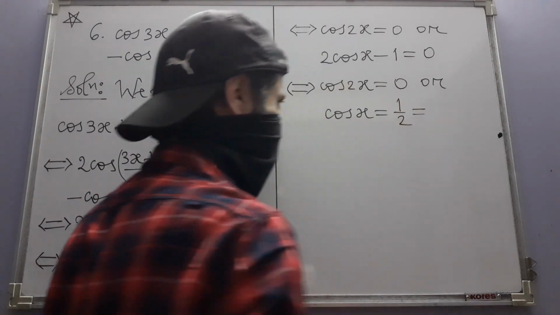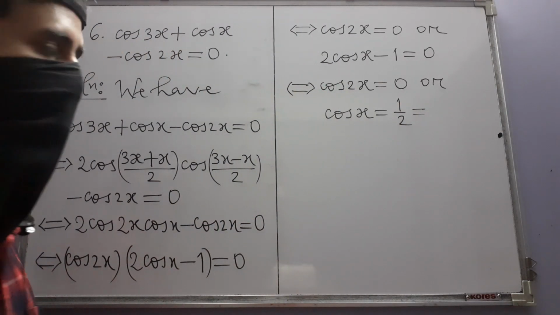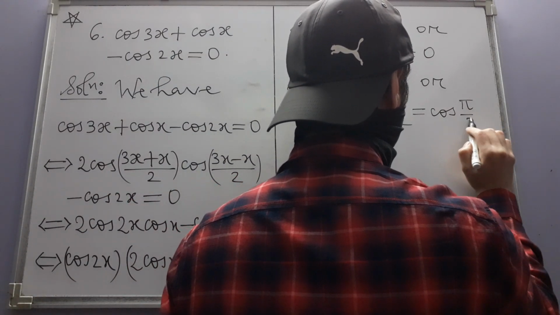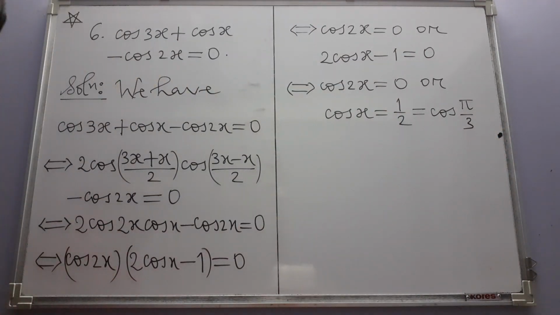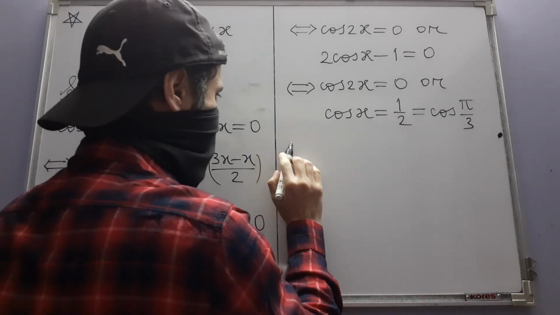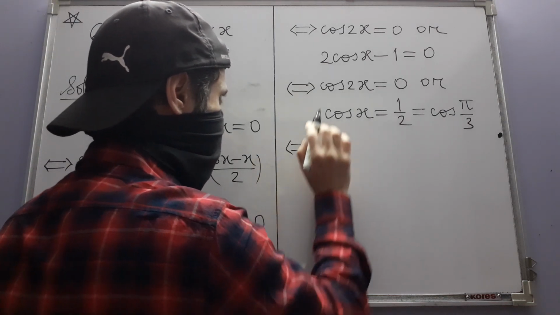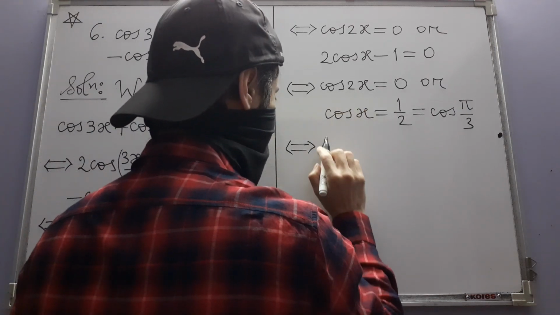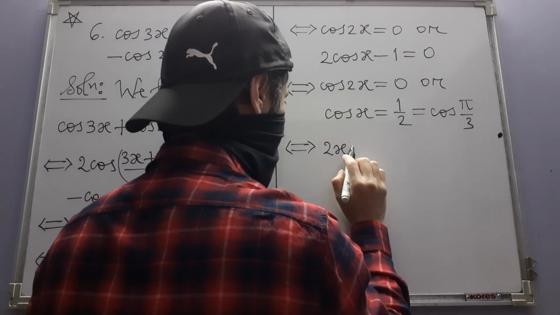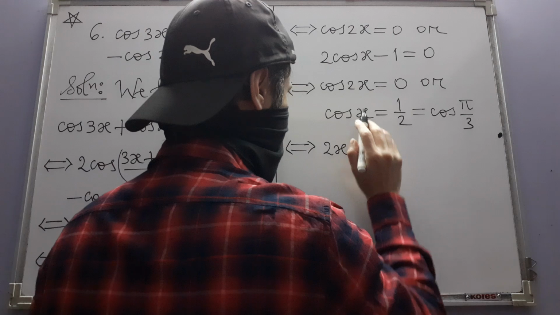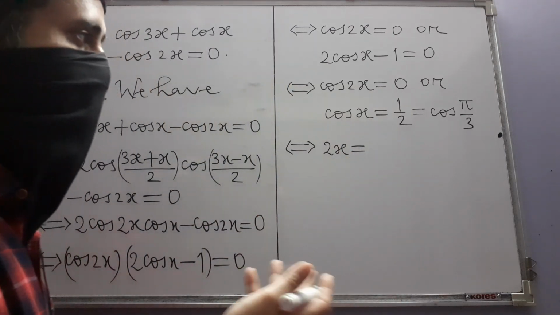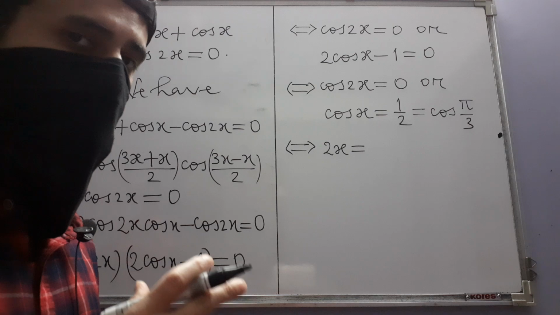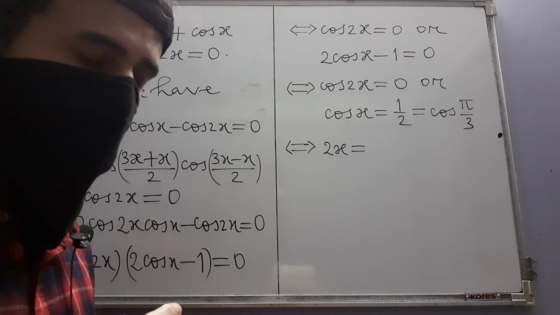Cosine of 60 degrees is 1 over 2, or in radians that is pi over 3, cos pi over 3. And now we write the general solutions to each of these equations. The first one has the general solution. So what type of real numbers have cosines equal to 0? Odd multiples of pi over 2.